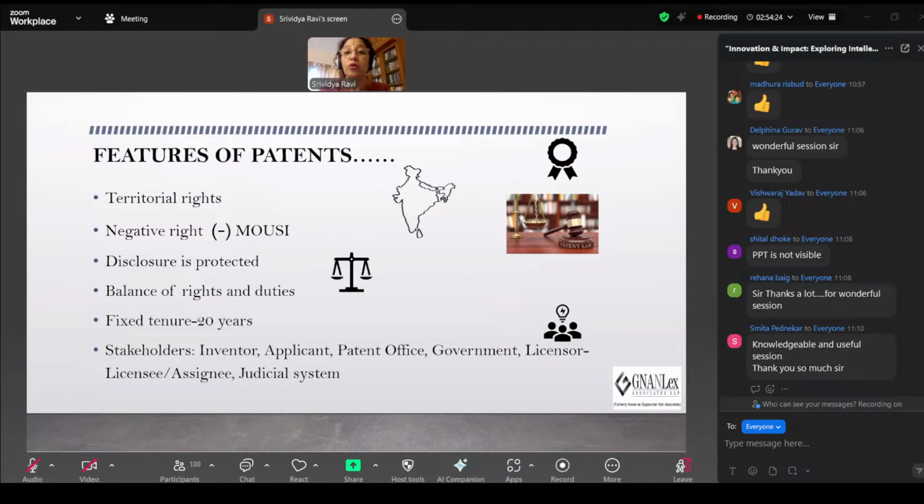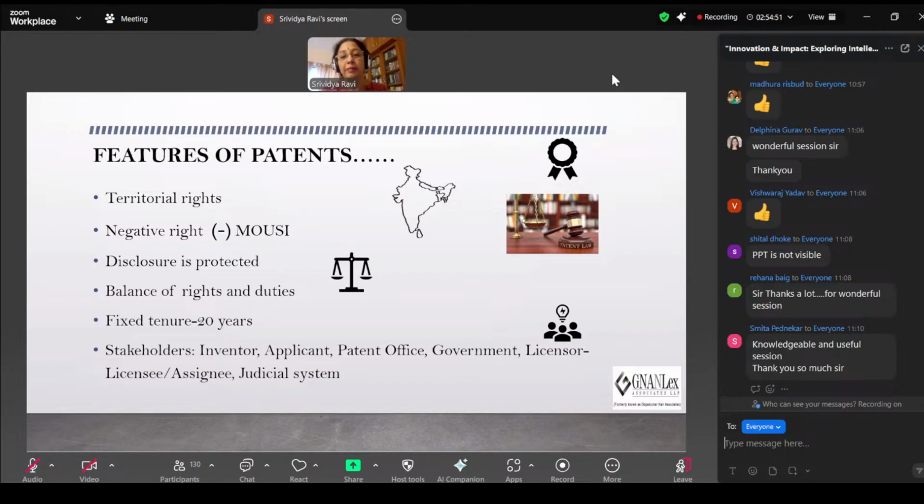Now, who owns the rights? The applicant owns the rights. Then what does the inventor get out of innovating? Typically, if you're working in a commercial organization like a corporate or a company, then during your appointment itself, they'll tell you that whatever innovations you make, the ownership will be with the organization.